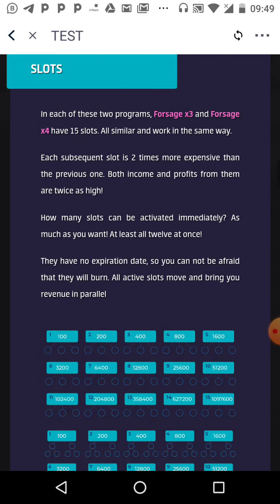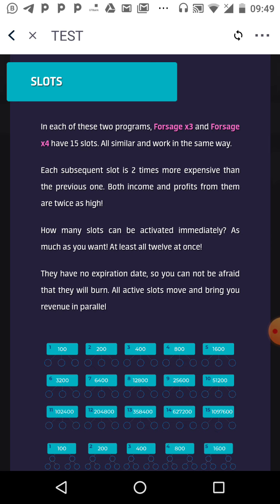So the slots, let's talk about the slots. In each of these two programs, Forsage X3 and Forsage X4 have 15 slots, all similar and working the same way. Each subsequent slot is 2 times more expensive than the previous one.